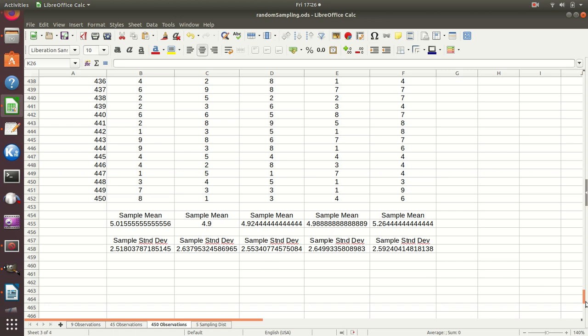So all of these standard deviations, no matter how big my sample size, tended to hover, or they were centrally located, around the number 2.6.